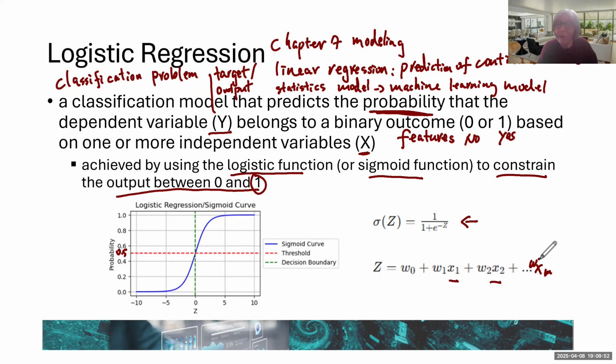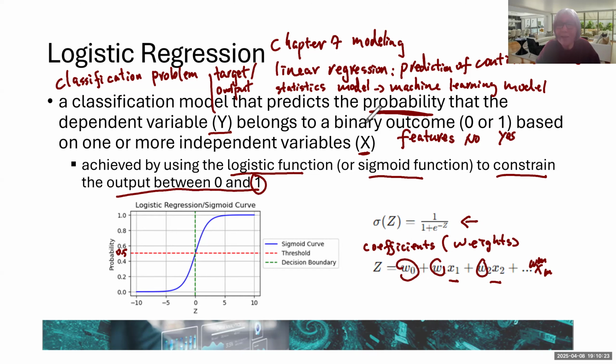And our goal to do the classification is you're trying to find all of those coefficients. So those coefficients in machine learning, we call them weights.